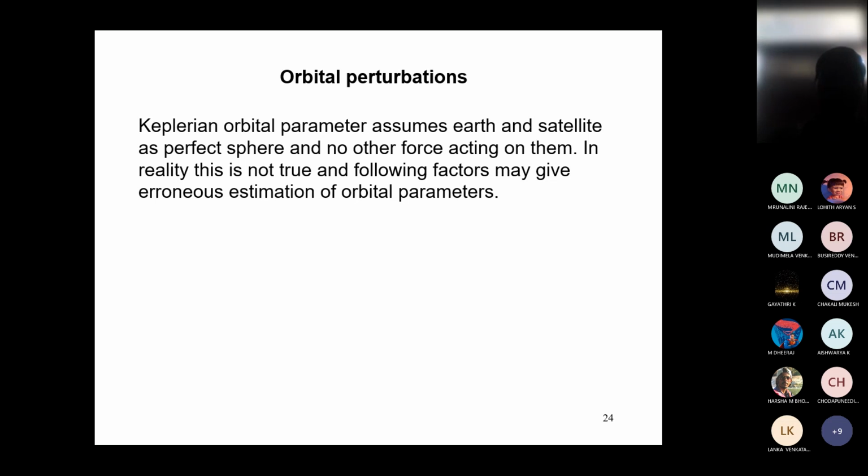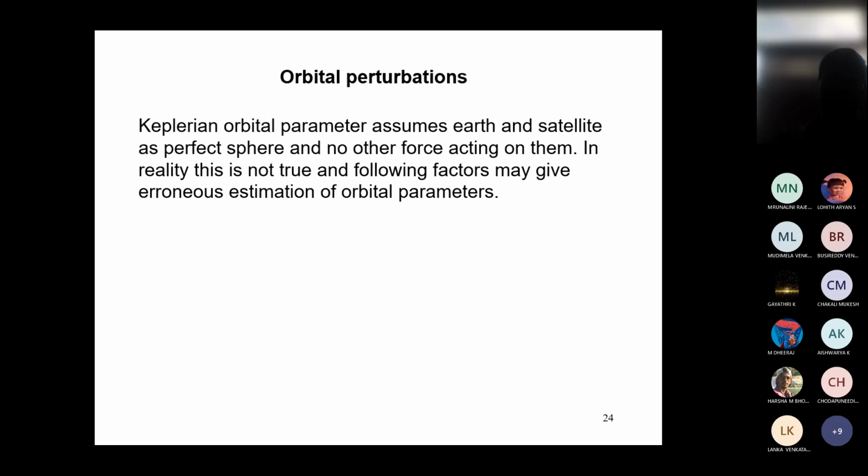Keplerian orbit parameters assume Earth and satellite as a perfect sphere. Kepler gave the laws by assuming the Earth is a perfect sphere with no other force acting.